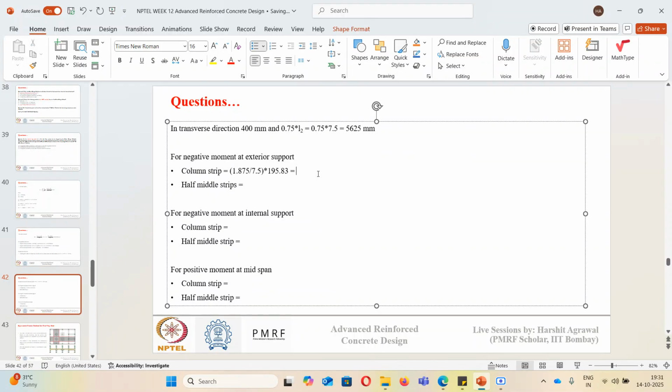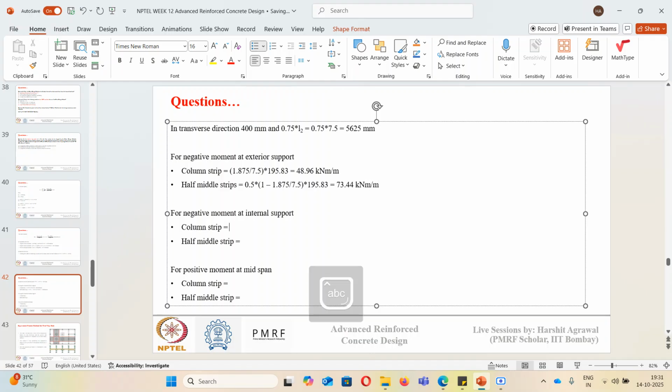This will give me a value of 48.96 kilonewton meter per meter. And for the half middle strip, it will be 0.5 times 1 minus 1.875 upon 7.5 times 195.83. So it will be 73.44 kilonewton meter per meter.